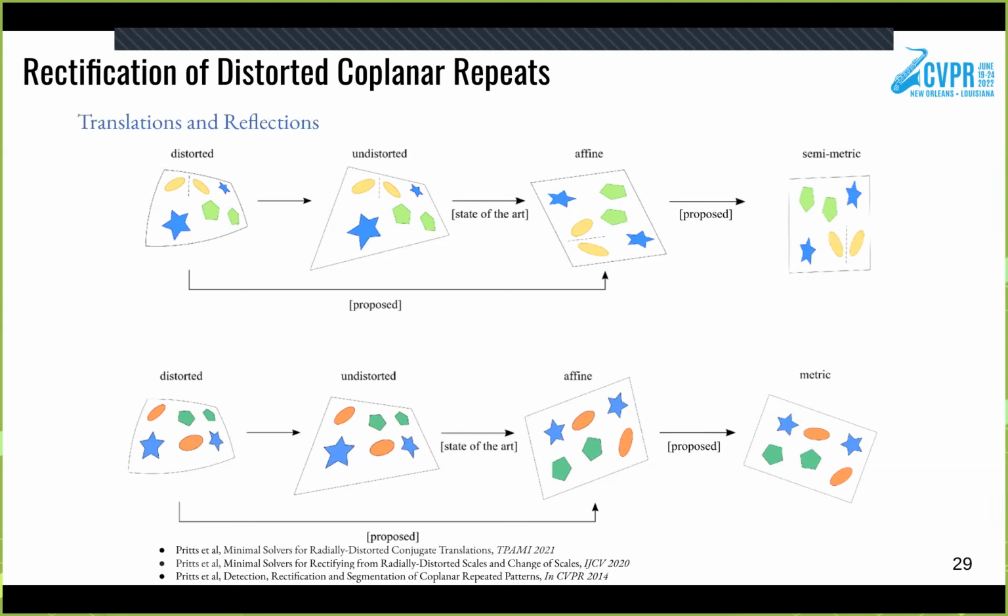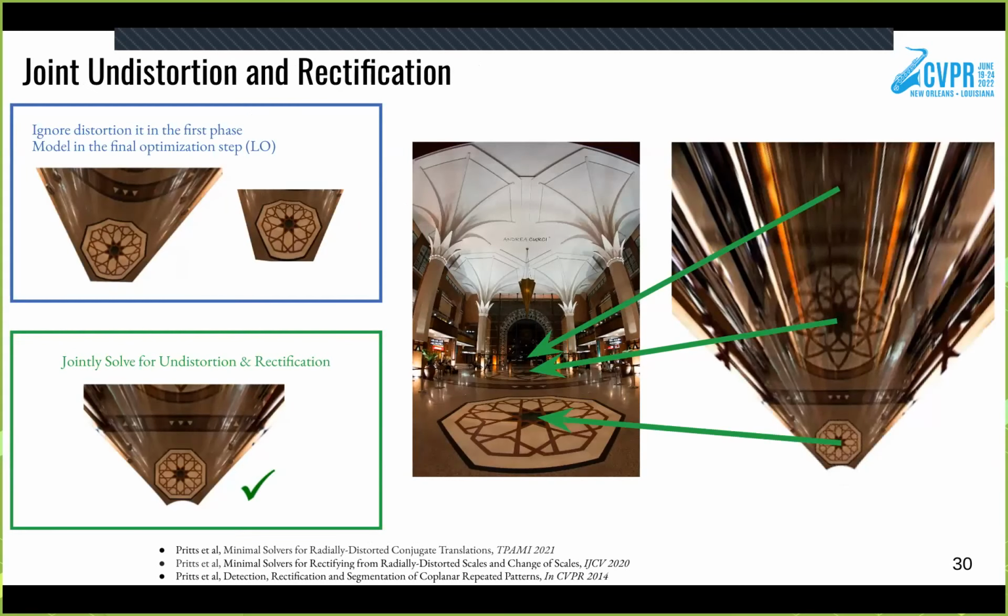So I had some animations here that I could have used. So again, why go through this trouble of the proposed solvers? We've talked about it a little bit, but I wanted to show you some real results from this particular example. The blue box represents a hierarchical, or graduated, approach, where we start with the state-of-the-art solvers, assuming that the image is rectilinear, and try to enforce the constraint of equal area, so that in the affine rectified space these repetitive structures have equal area.